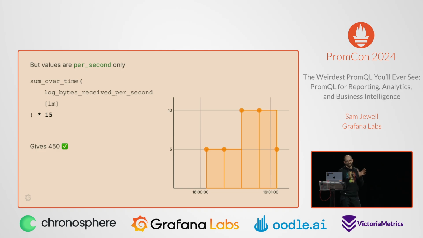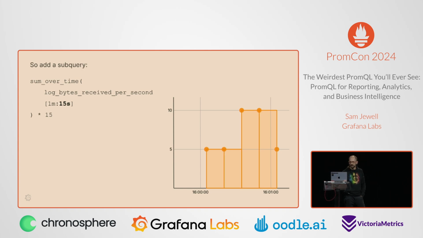But in order to get a true integration and taking account of all that time, we'll have to multiply by the time period or scrape interval. Now, this isn't completely robust yet. If a scrape is missed or a recording rule fails, you might lose a data point. You might lose 2 if the scrape interval actually changes or your frequency of data changes.